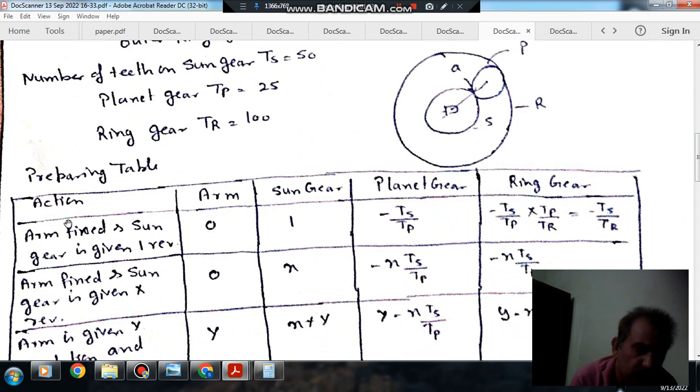First, assuming that the arm or carrier is fixed and the sun gear is given 1 revolution. For 1 revolution of sun gear, the revolutions of planet gear will be TS by TP, because their velocity ratio will be in the ratio of their teeth, and the planet will rotate in the opposite direction compared to the sun gear because they are in external mesh, so there will be a minus sign.